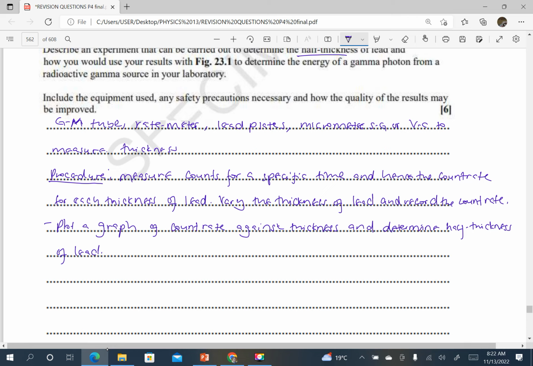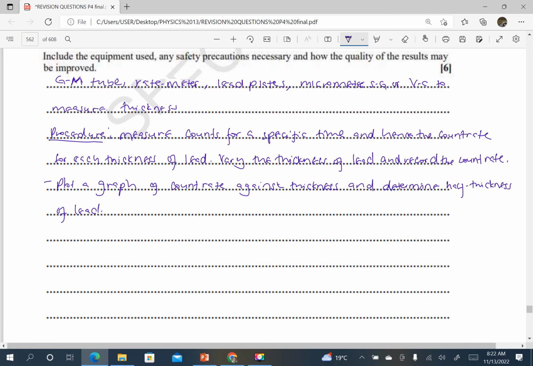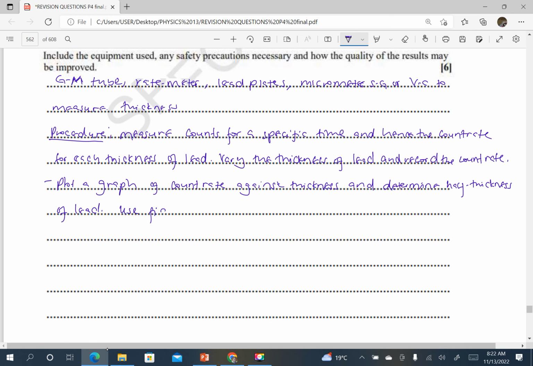Then we shall use the figure above, the graph above, to determine the photon energy.